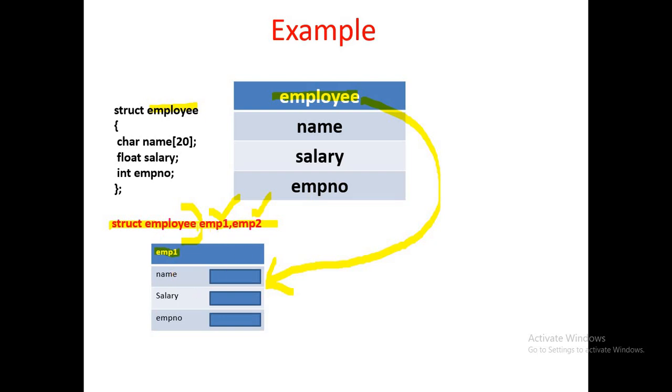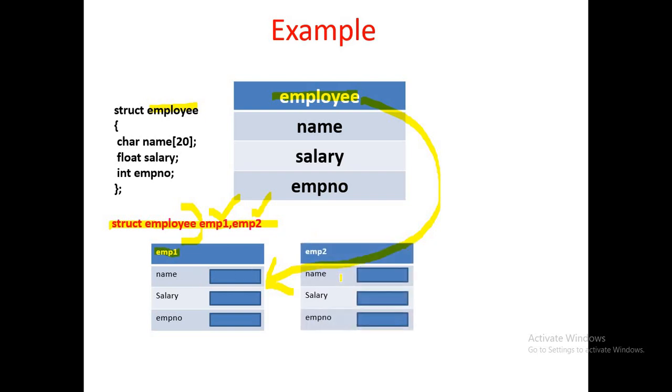When we refer to it like this, it will create the memory location for employee 1 as well as employee 2. So it will create a photocopy of this structure by the name employee 1 and allocate the memory location. This is what happens when we write the structure definition and when we define the structure variable like this.